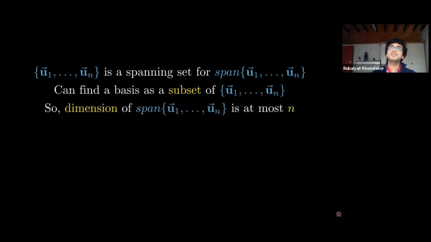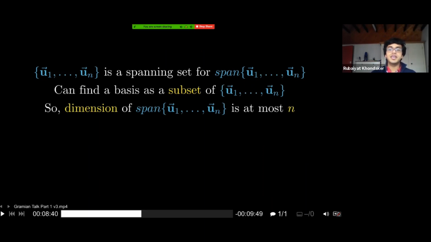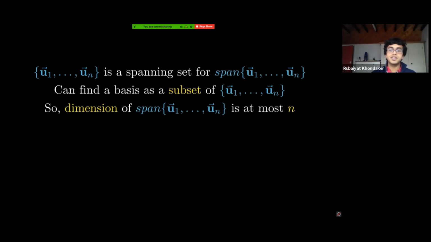So if you remember, the dimension theorem says that the dimension of a vector space is just the number of vectors in any basis of that space. So the dimension of their span is at most n, because we can find a basis as a subset of this. So we'll have at most n vectors in it.